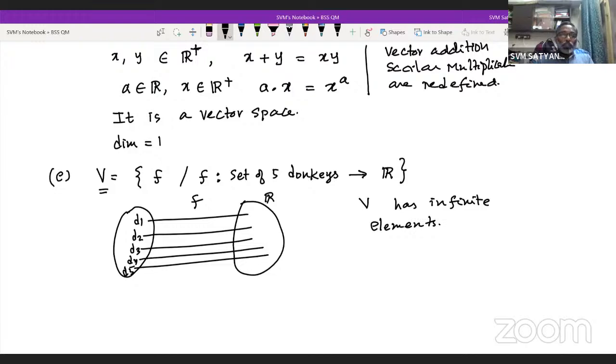Okay, so now my question is, you can show that it will form a vector space. Now, what is the dimension of this vector space?